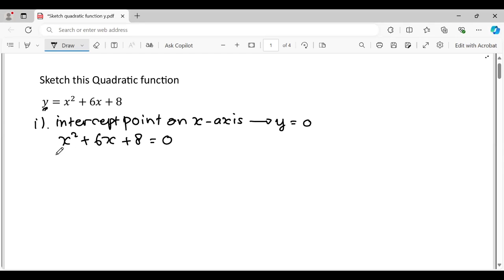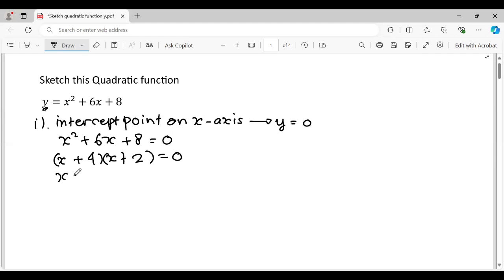Now we're going to find the roots of x, or the values of x. So it will be x... I'm going to find two integer numbers which, if we multiply, equal 8, and if we add, become 6. So there are 4 and 2.